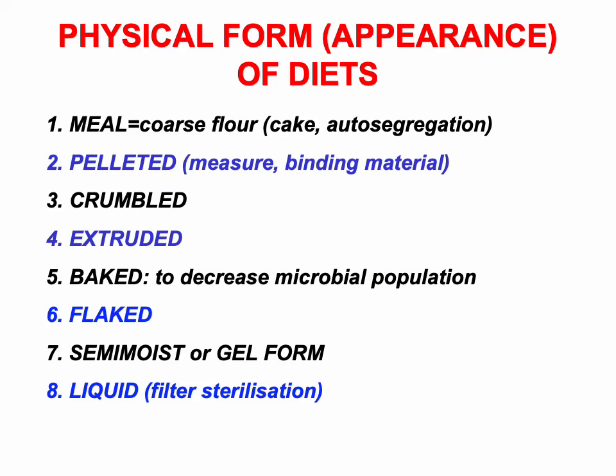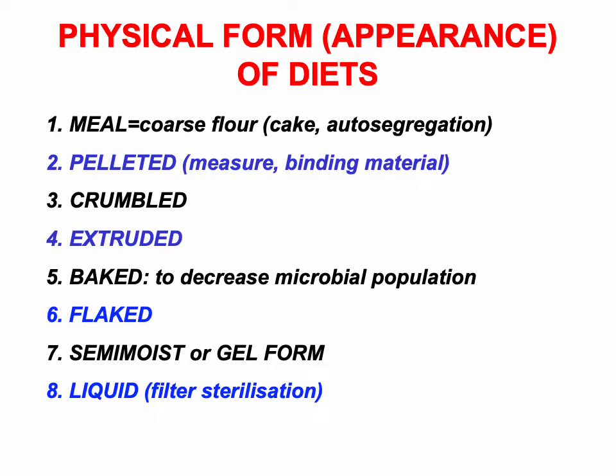The physical form appearance of the diets is very variable, much more than in case of the production animals. We have the meal or coarse flour, maybe a cake too to avoid the auto-segregation. Pelleted with different measure and with different binding material.